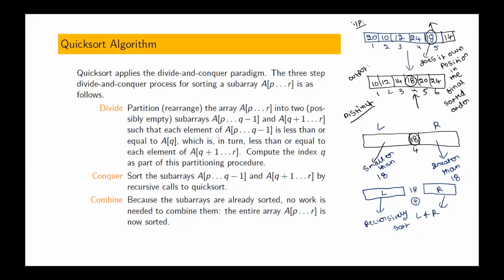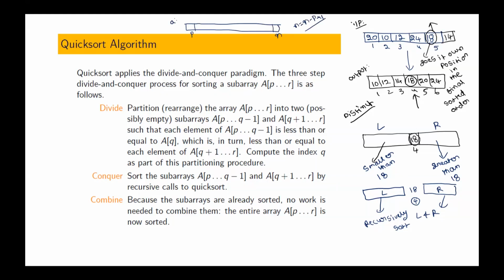No, sir. Okay. Now we generalize this. For example, we are given an array A, whose starting index is P, whose ending index is R, as usual. Here again, assume that N is R minus P plus 1.